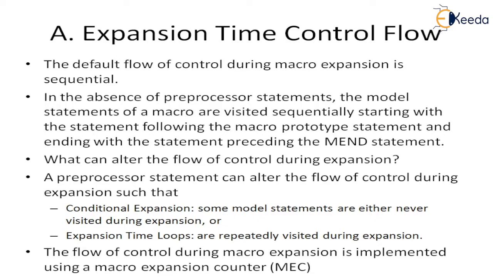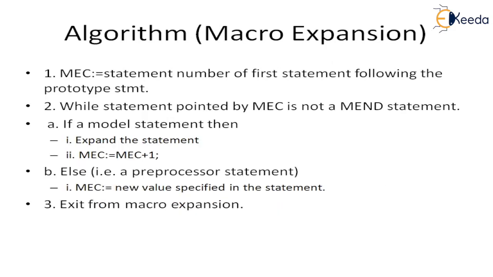A conditional statement has some condition and works on that condition, whereas an expansion time loop involves repeatedly visiting statements during the expansion. In this way we explain the expansion time control flow.